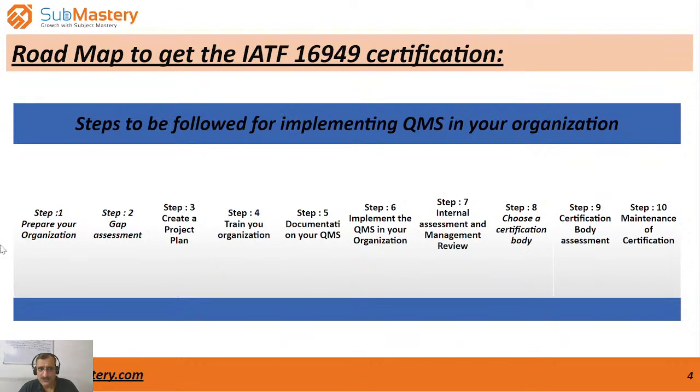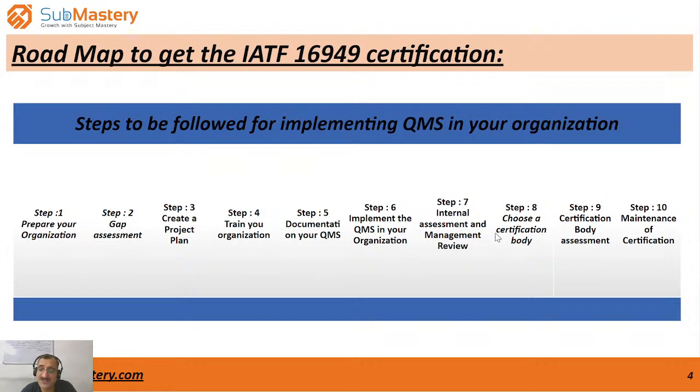Okay, so the first thing, of course, you need to prepare your organization, and then step 2 is gap assessment, step 3 create a project plan, step 4 train your organization, train your people, step 5 documentation, which is very important, step 6 implementation, because making documentation and implementation of documentation are separate things. Then step 7 internal assessment and management review. Step 8 choose a certification body.